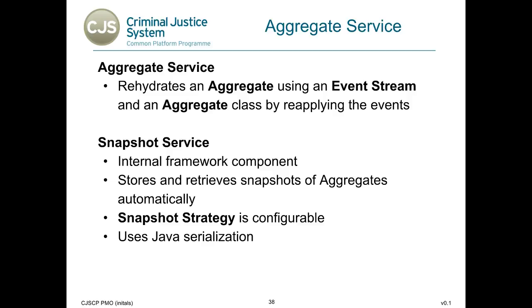So that would circumvent the snapshot system if you weren't using the aggregate service. It would still technically work, in the sense that the snapshot service knows that it has a snapshot of an aggregate at a certain version. So whenever you ask for that aggregate back from the aggregate service, it would look for a snapshot, see that it was out of date and that there were new events that you'd appended directly, and it would replay those.